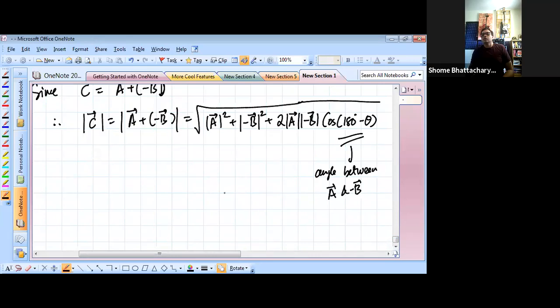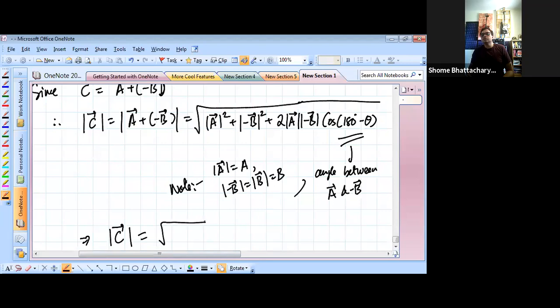Okay. And also mod A is A. Mod of minus B is equal to mod of B. So substituting these things over here, we get magnitude of C is becoming, just replace everything, A square plus B square plus 2AB into cos 180 minus theta, which is minus cos theta.